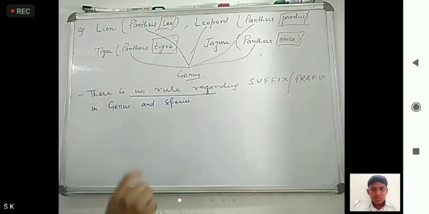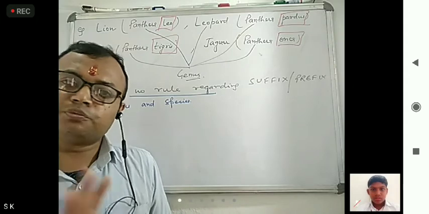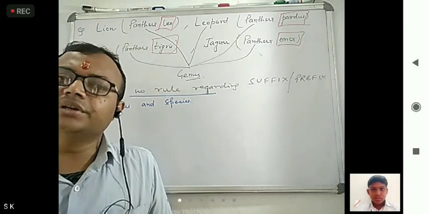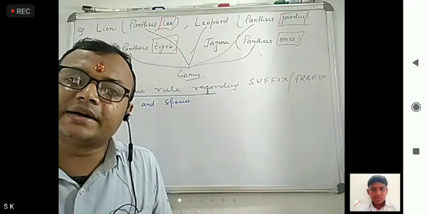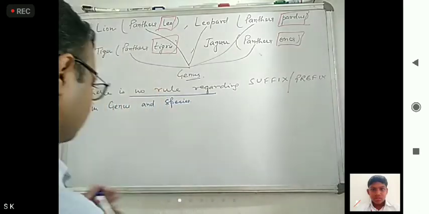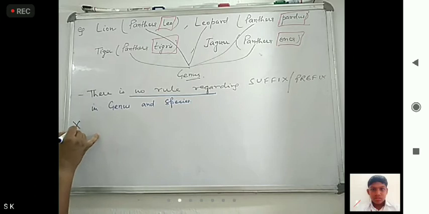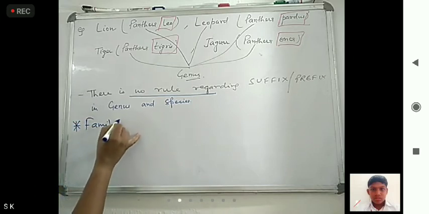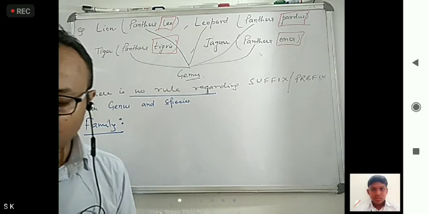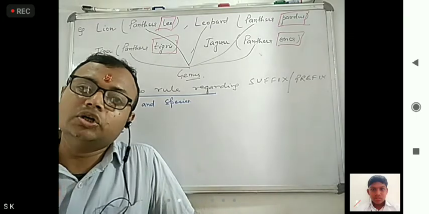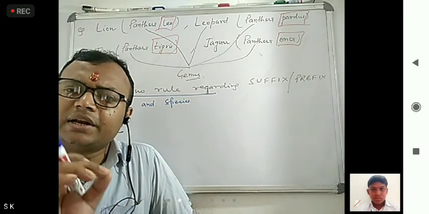Now, first we saw species, then genus, then we come to the next higher category, that is family. How can we define family? Very easy.